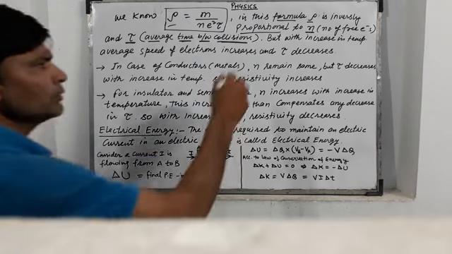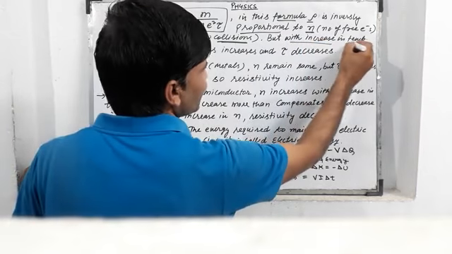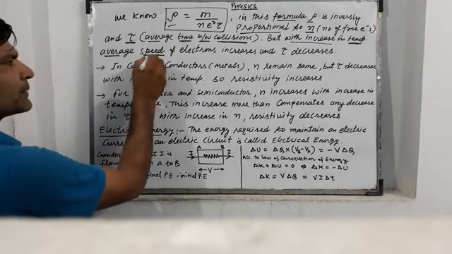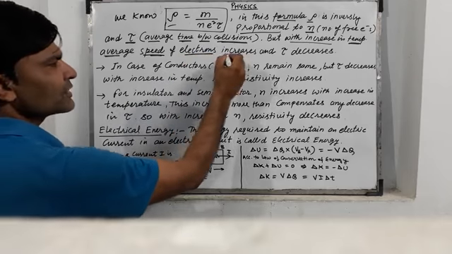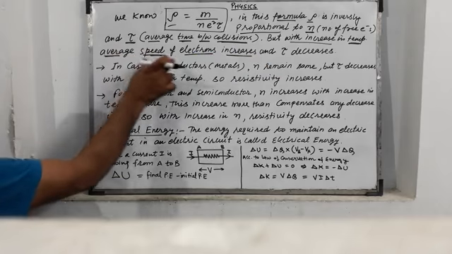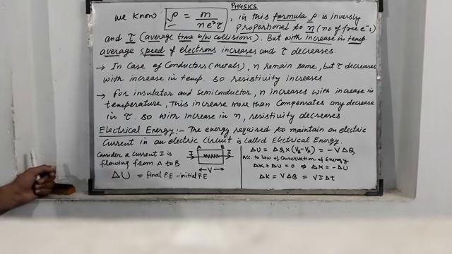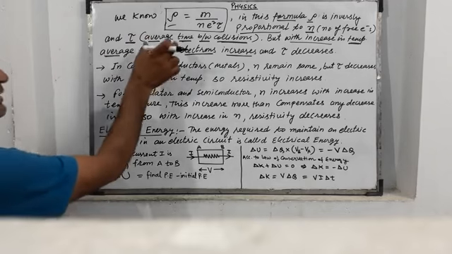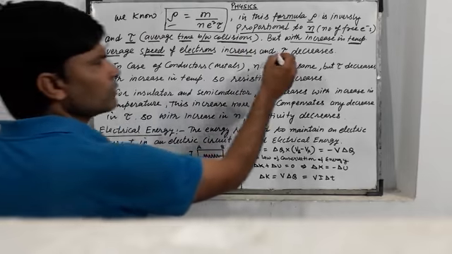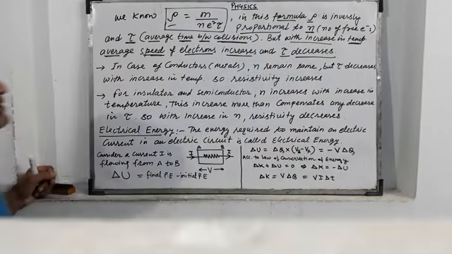Now, with increase in temperature, the average speed of electrons increases. This decreases the average time between collisions, so tau decreases.